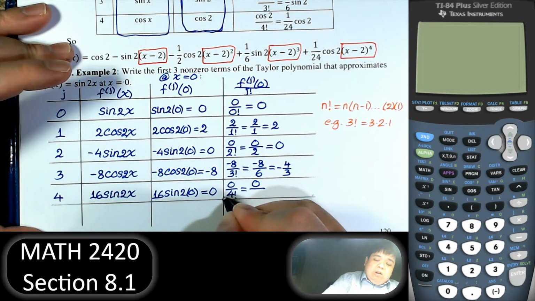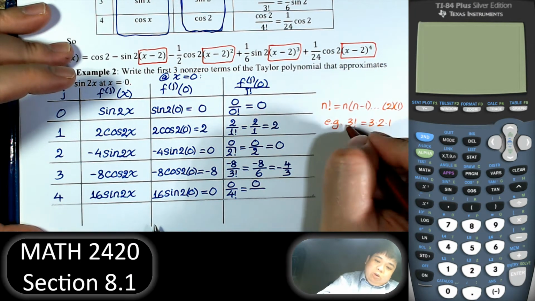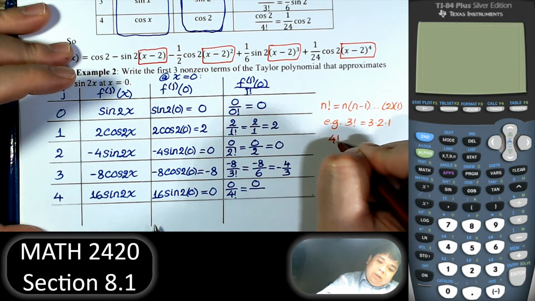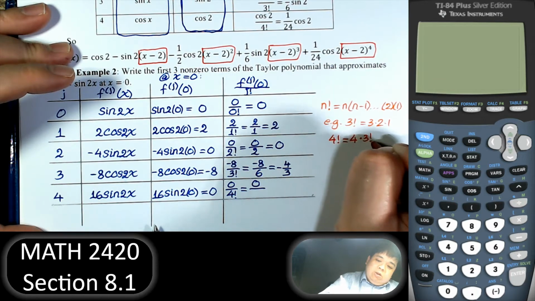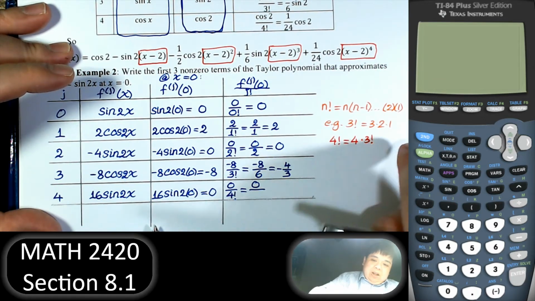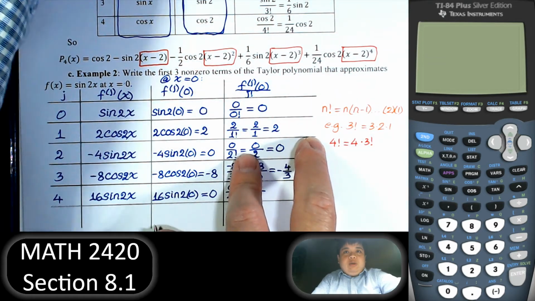But 4 factorial is 4 times 3 times 2 times 1, so pretty much it's 4 times 3 factorial. To evaluate a big factorial, we can just go to the smaller one.